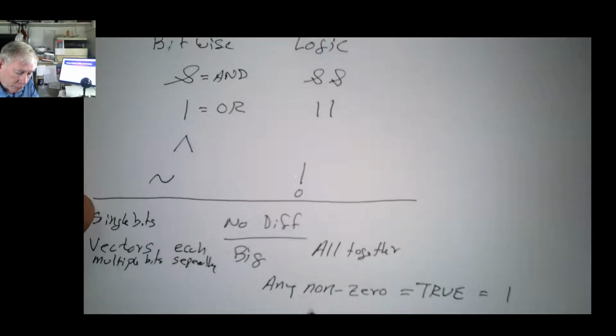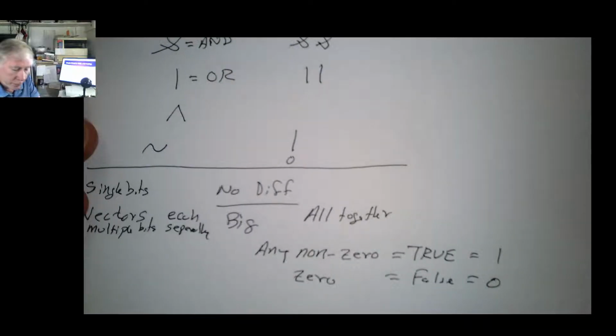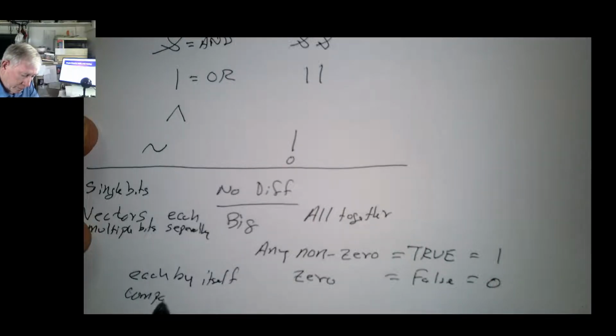And 0 equals false, we represent that with 0. Whereas in the bitwise, it's each bit by itself compared to another bit.